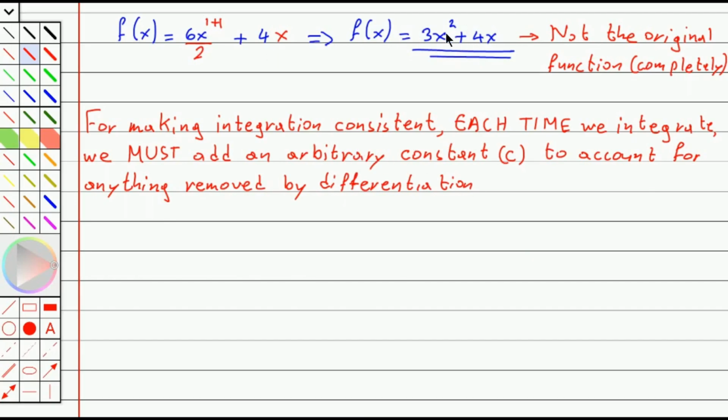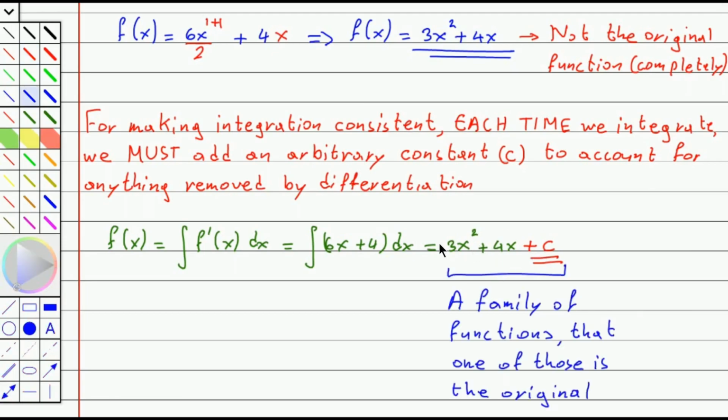So for this result to be consistent with the original function, we need to write it like so, that f of x is equal to the integral of f prime of x dx, equals the integral of 6x plus 4 dx, which is going to be 3x squared plus 4x plus c. And so this is much more consistent with the actual function that we differentiated earlier. And so we have that this is a family of functions, and one of them is the original.